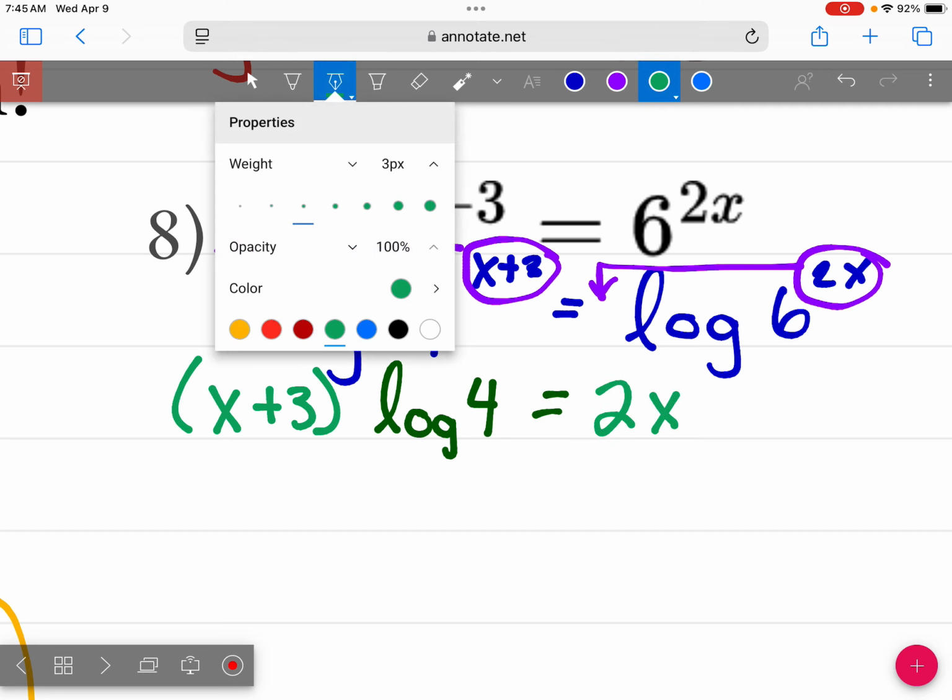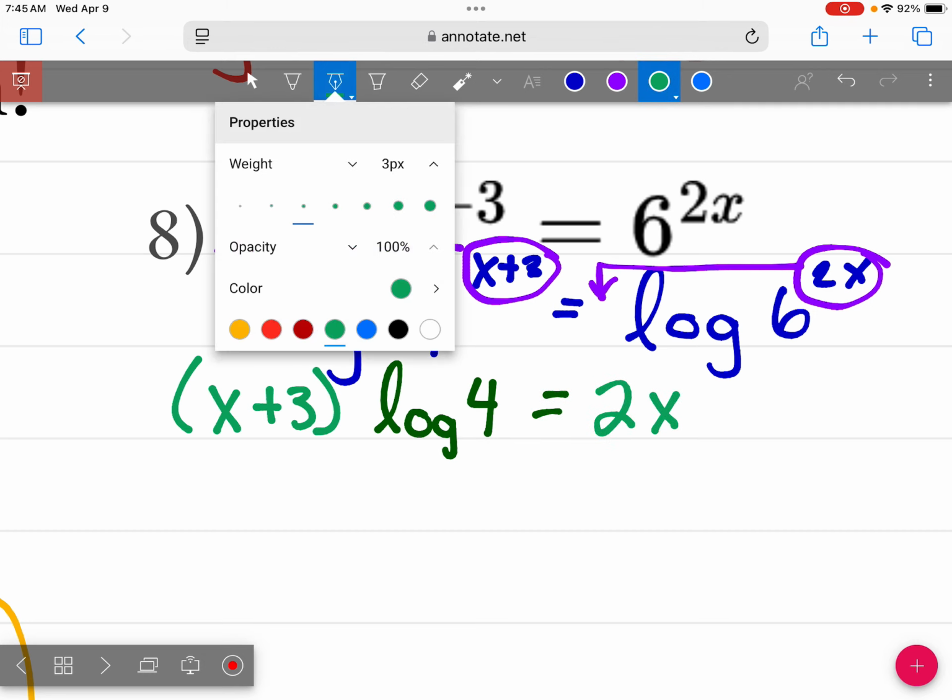Get our x's on the same side of the equal sign. Because again, log 4 is a number, super gross number, but it's a number. Log 6 is a number. 3 log 4, it's a number.